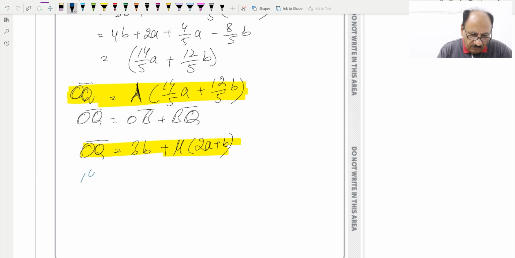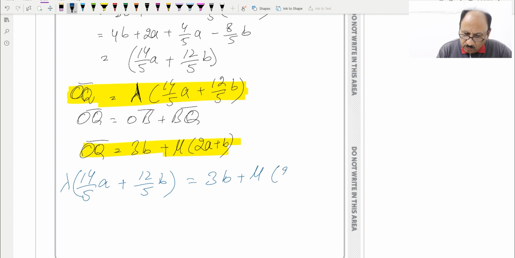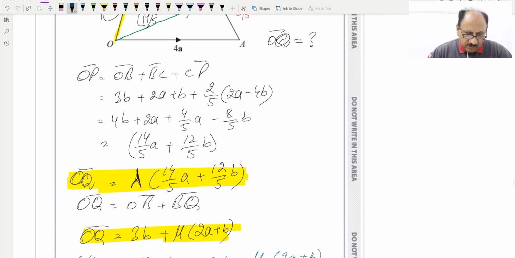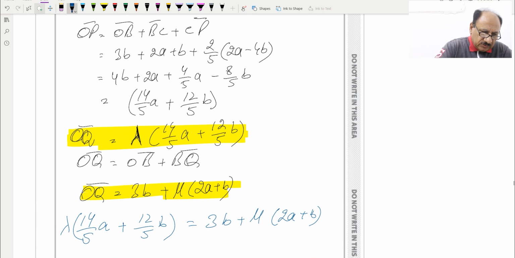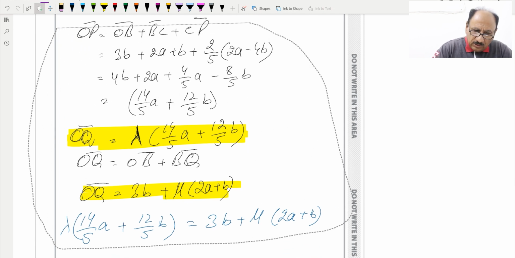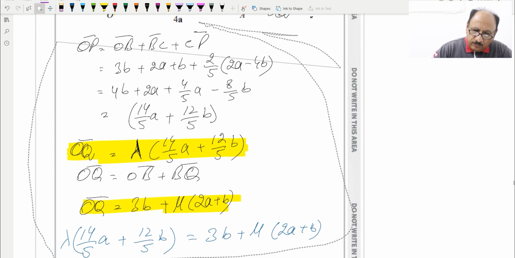So we will be equalizing these two equations, and I will be changing color to equalize. So it will be 14 by 5A plus 12 by 5B, into lambda, is equal to 3B plus mu into 2A plus B. And we can just reduce the size to adjust this properly.